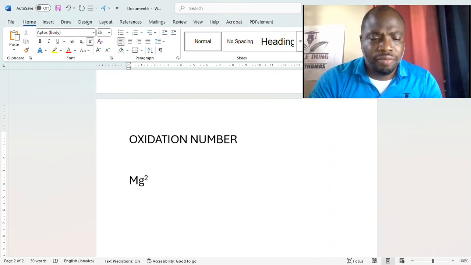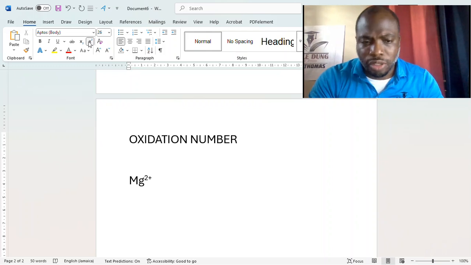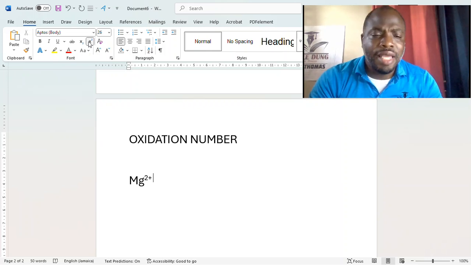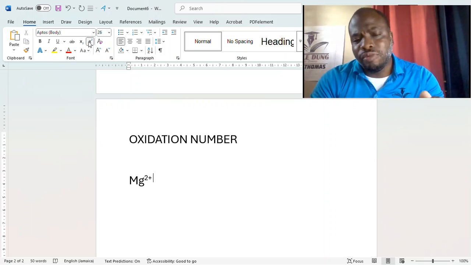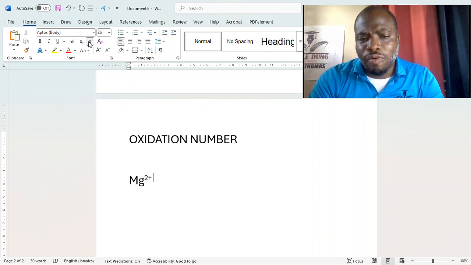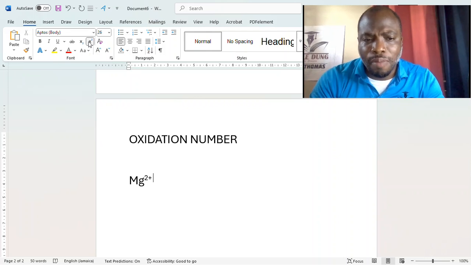And that's where we have a 2 plus, because a magnesium atom has the same number of protons and electrons. And I will soon get to why I'm mentioning this. So when you think about the 2 plus charge, that is the charge of the ion. So we know magnesium is a cation. And so we said 2 plus for the ion.